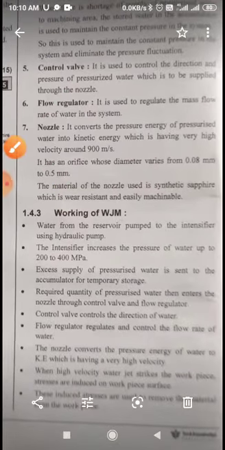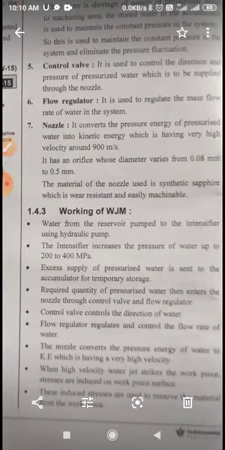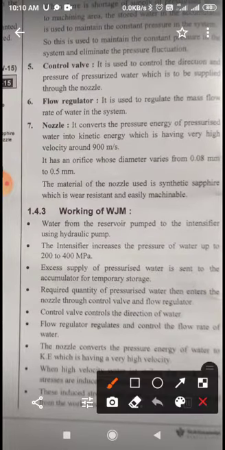Now, the working of WJM. Water from the reservoir is pumped into the intensifier using the hydraulic pump. The intensifier increases the pressure of water up to 200 to 400 megapascal. Excess supply of pressurized water is sent to the accumulator for storage. When the pressure falls, the accumulator will supply the water, which will maintain the required pressure.